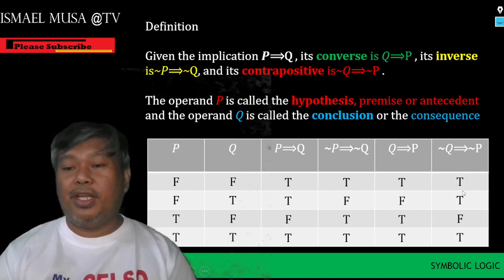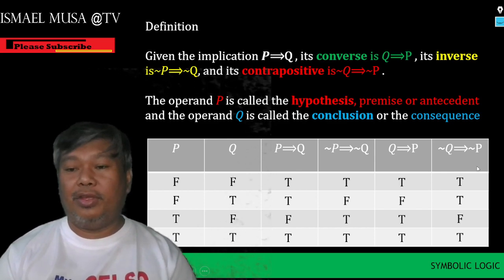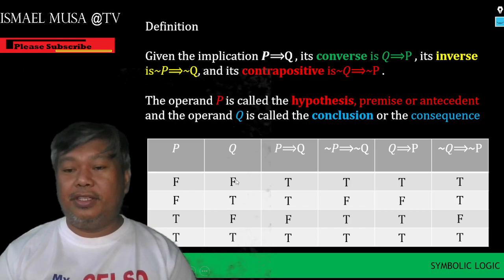Then we have also the negation. Okay? So meaning we negate the P and the Q. We negate the Q and not P. We call this the contrapositive. Okay? You follow? The contrapositive, meaning if this is false, the negation is true. If this is false, the negation is true. So true implies true, so we got true.